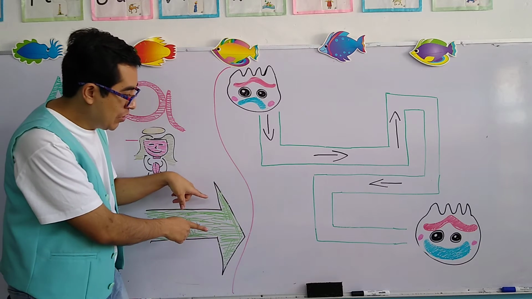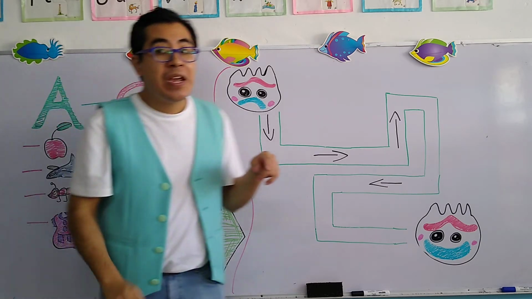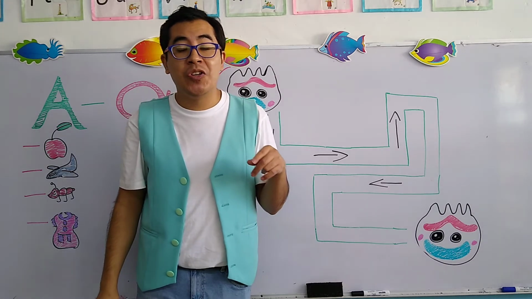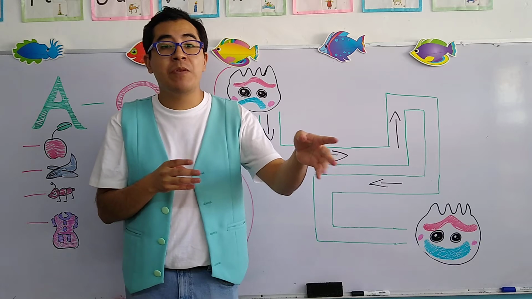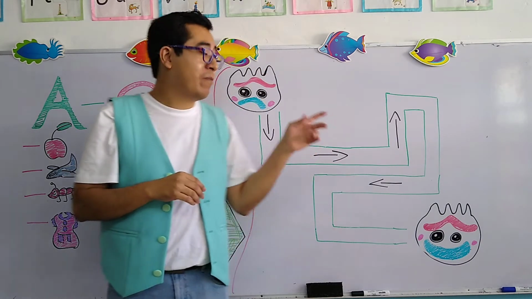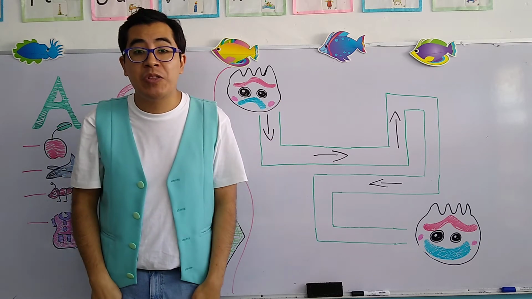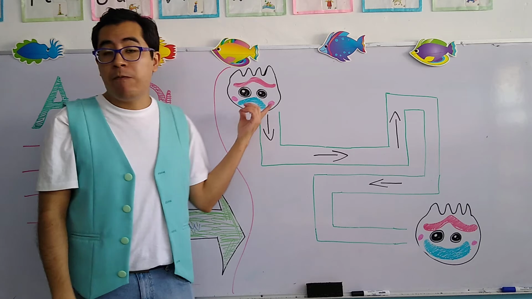Okay, you see, it's indicating that we have to go to this place. Now, here, my children, we have an activity that is not part of your teddy book. That activity, I will explain it in a few seconds. But for now, let's concentrate on this. So, as you can see here, we have our friend Forky.